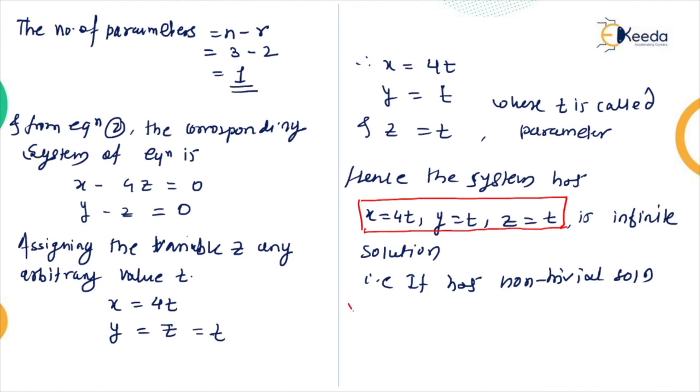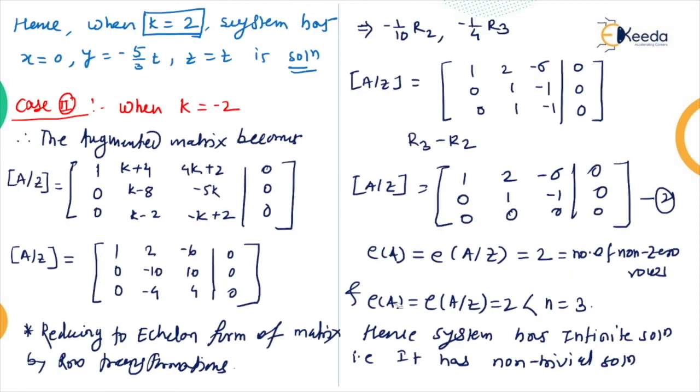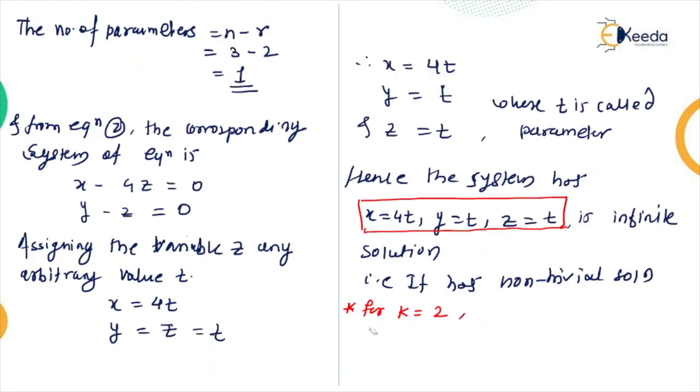For k equal to 2, the system has a solution: x equal to 0, y equal to minus 5 divided by 3 into t, and z equal to t.